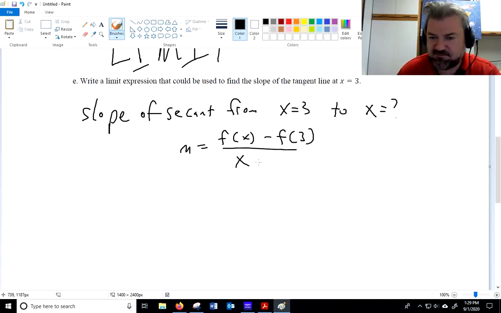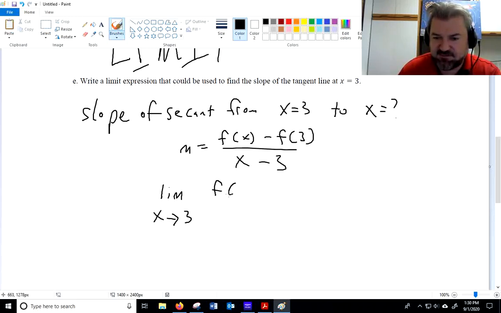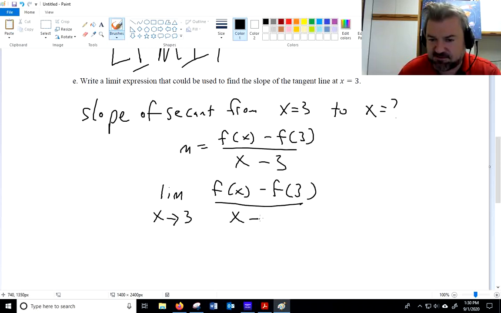Over x minus 3. In this case, f of 3 was 0, right? So for a limit expression, we just need to get this x value really close to 3, right? So I'll just say the limit as x approaches 3 of f of x minus f of 3, all over x minus 3.